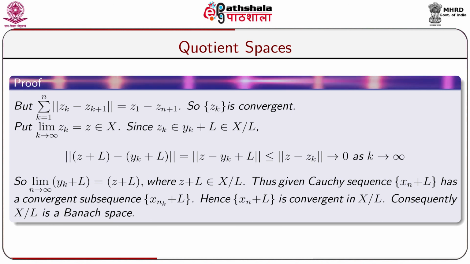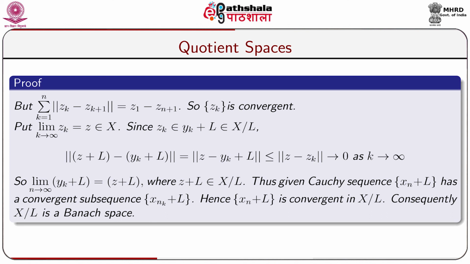If we allow n to tend to infinity, we see that the sum from k = 1 to infinity of zk − zk+1 is equal to z1 − the limit as n tends to infinity of zn+1. As this series is convergent, we see that the sequence zk is convergent, and let the limit as k tends to infinity of zk be z, which belongs to capital X, because X is a Banach space.